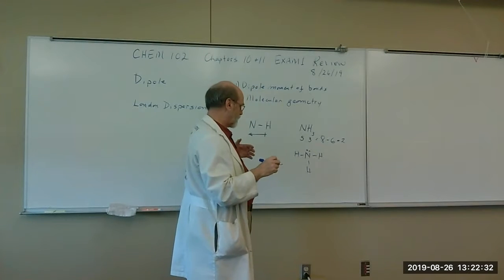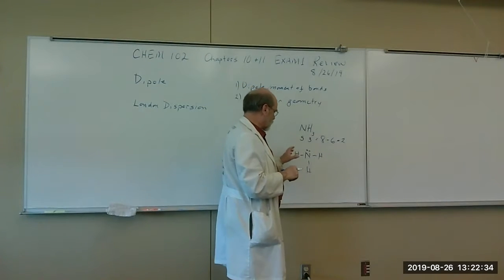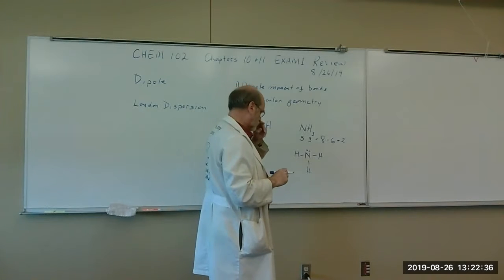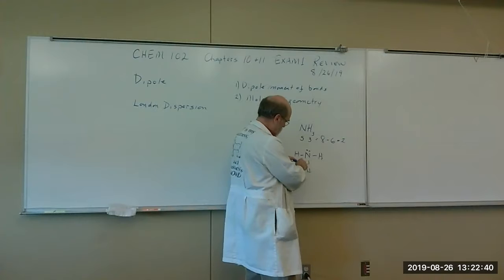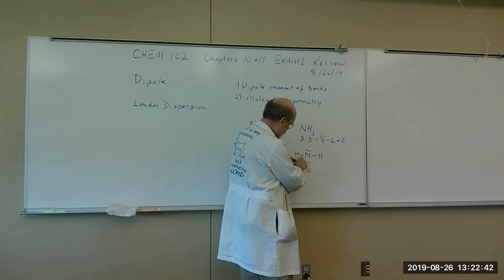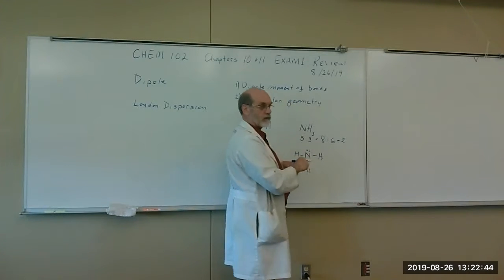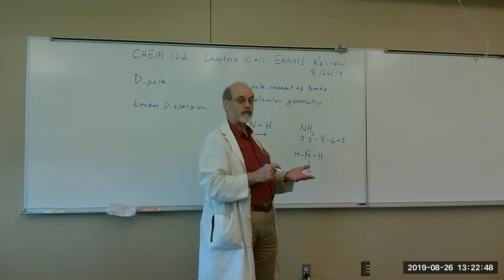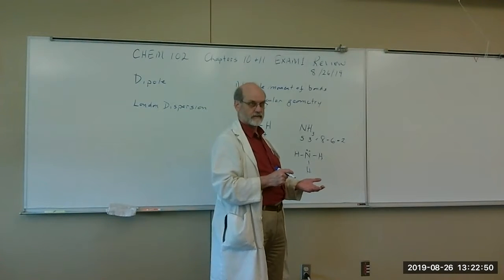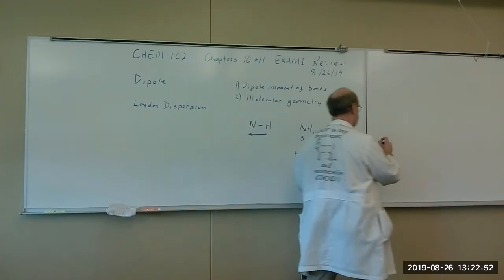Okay? So when we draw the structure for this, we use the VSEPR model, and it's 1, 2, 3, 4 electron groups. 4 electron groups means tetrahedron. Right? Remember that?